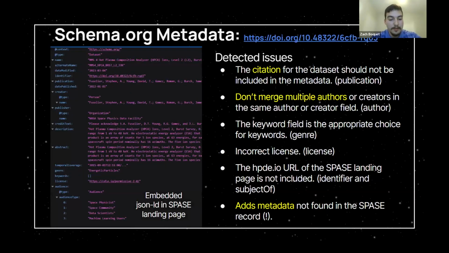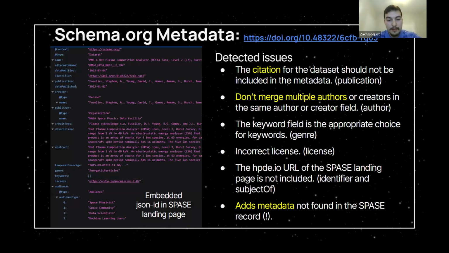Pictured here on the left is the current embedded schema.org JSON-LD in the SPACE landing page. Specifically, it is the well-populated, gold standard SPACE record that we chose as a group.